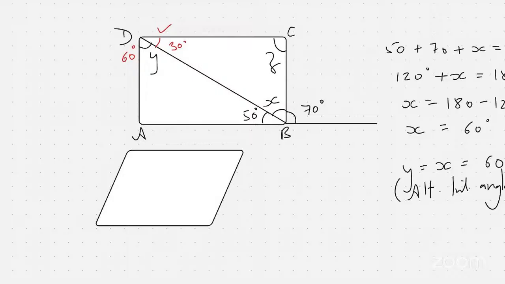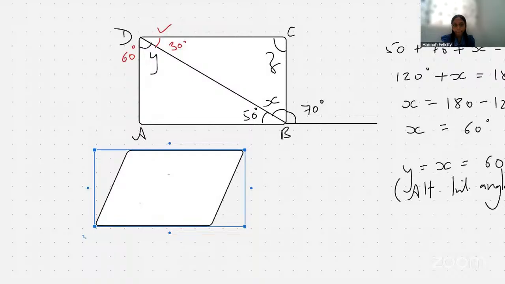Some angles might be less than 90, some may be more than 90, but all of them will add up to 360. Only when you get a rectangle or a square will your angles be equal to 90 degrees. So you can use that thing at that time.